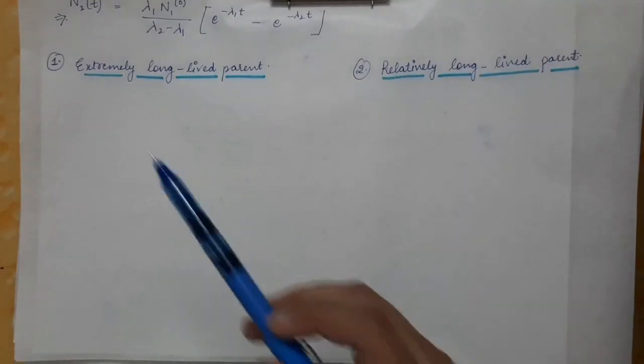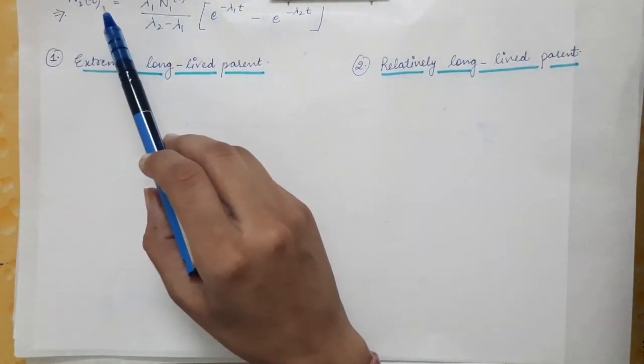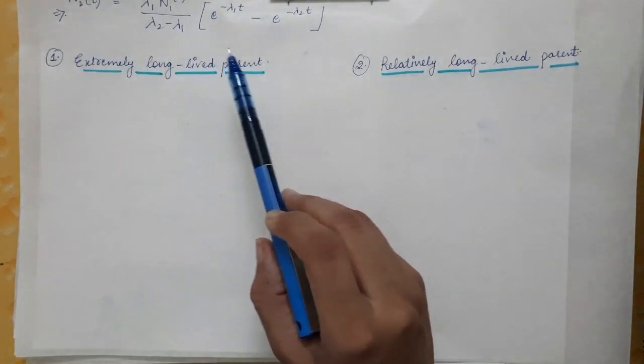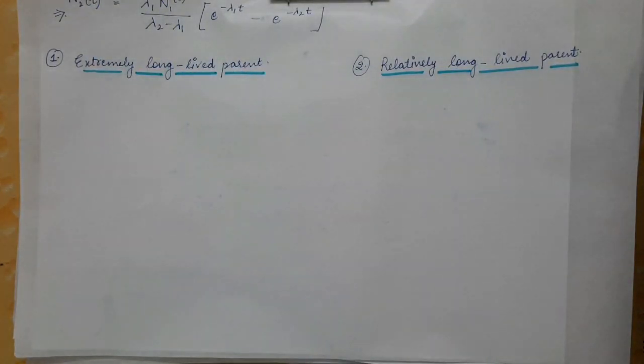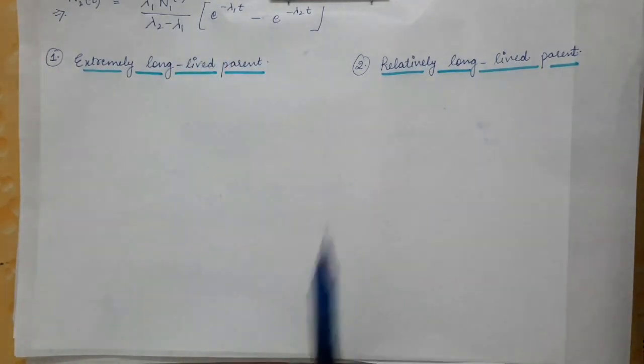So this was the expression that we had got for the number of daughter nuclei present in the sample at any time t, when the daughter nuclei is not stable and it further decays to another daughter nuclide. This is the formula for the number of daughter nuclides. Now we are going to consider the various cases.